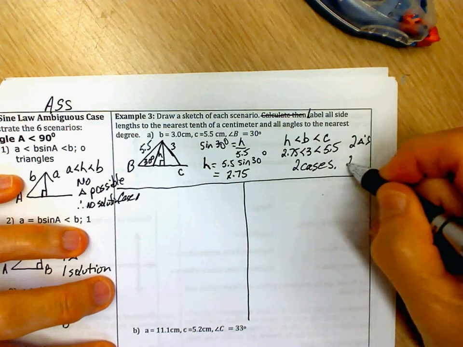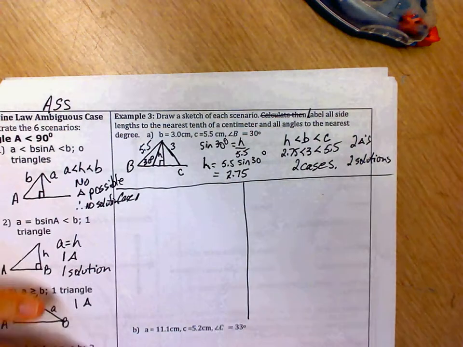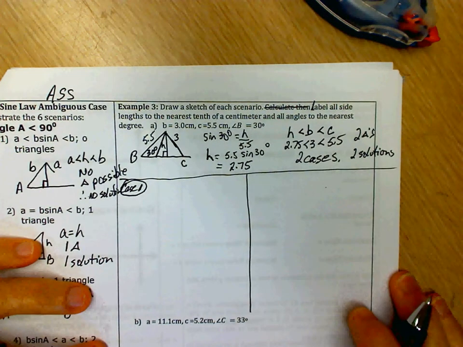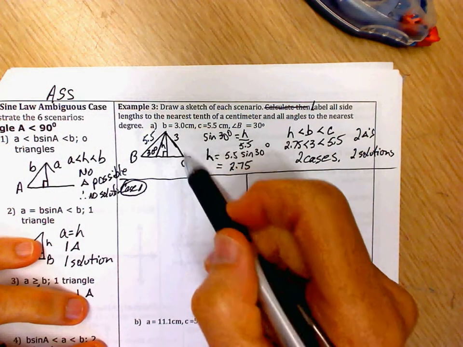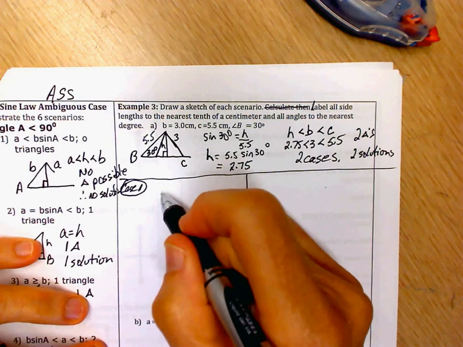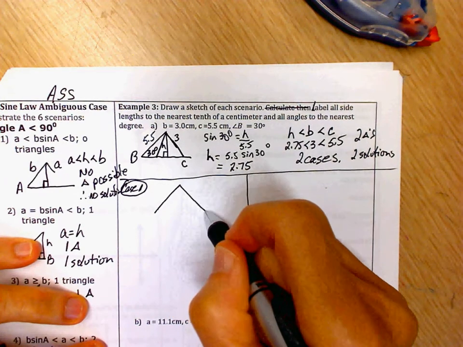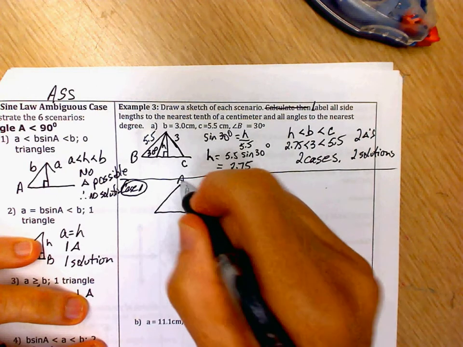Okay, let's do case number 1. We'll do this one here. Call this A, B, C. Here's our 3. Here's our 5.5.